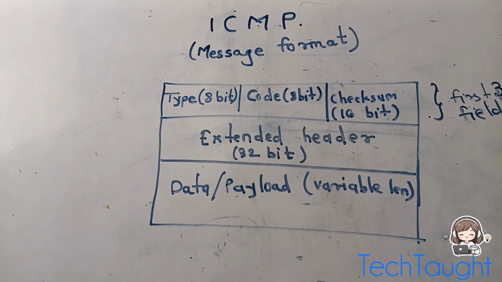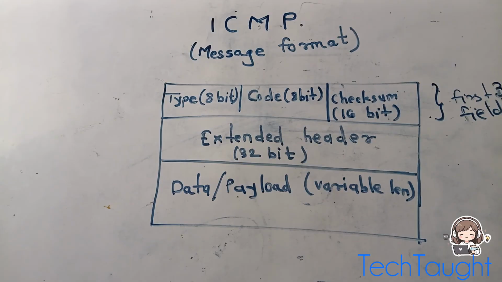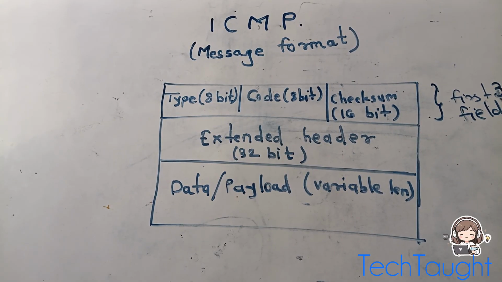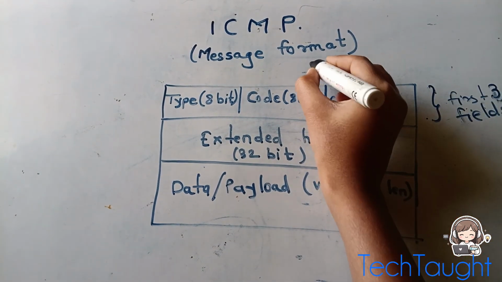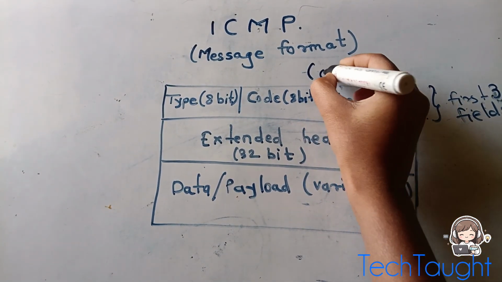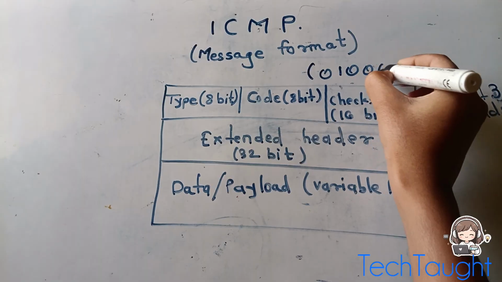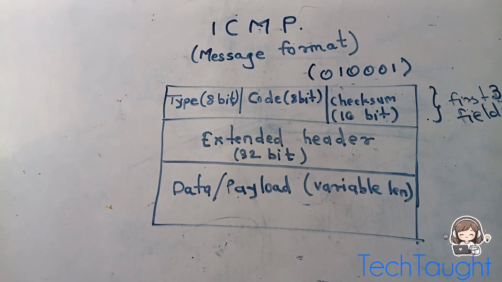If you know what the checksum does and how it works, it will be easier to understand. Simply, if the sender is sending bits, our message, like 0 1 0 0 0 1, what does it do?